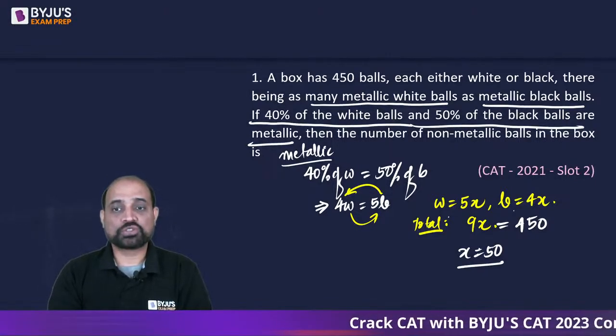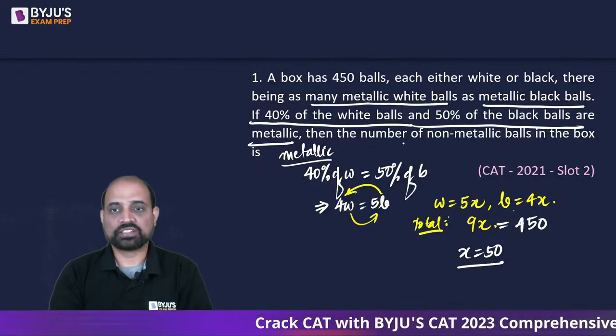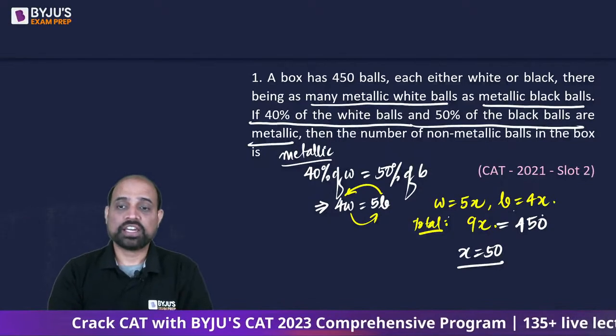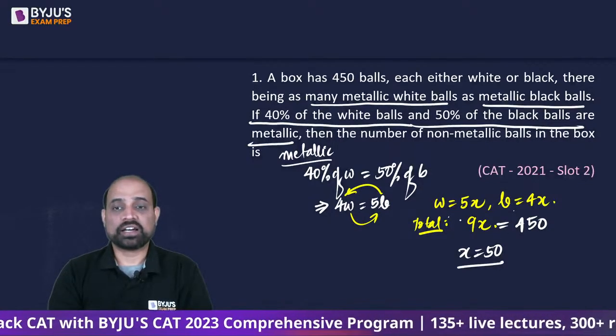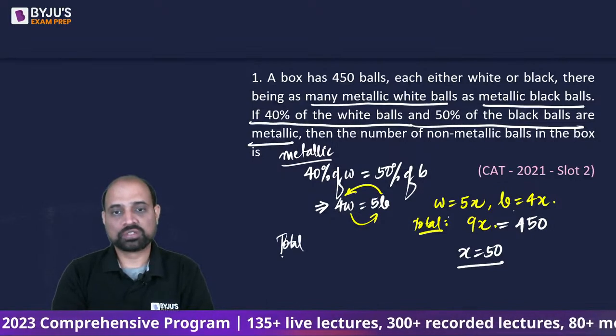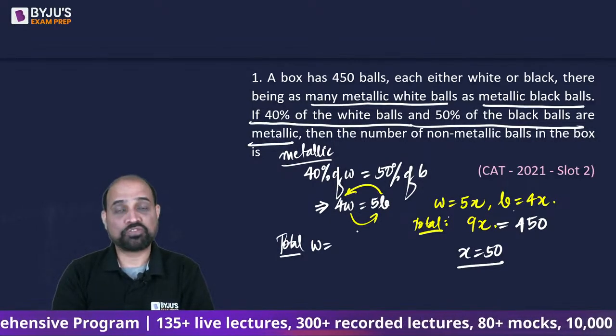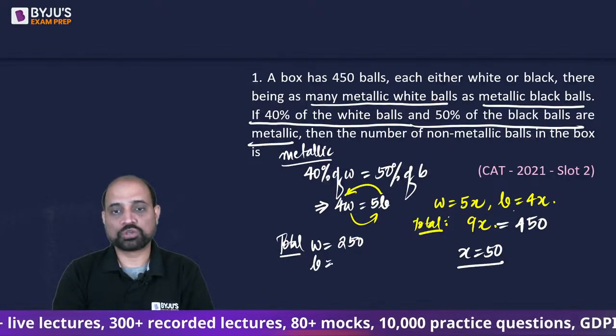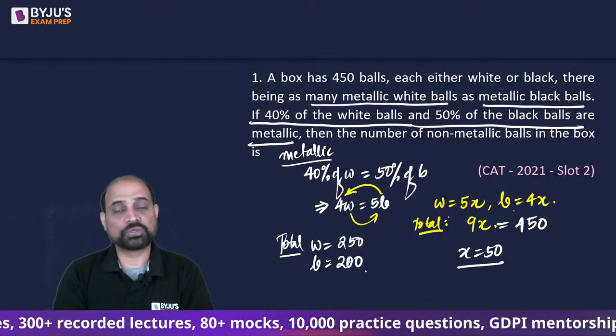If x is 50, then the number of non-metallic balls is something that we need to find out. If x is equal to 50, the total number of white balls is going to be 5 into 50, which is 250. The total number of black balls is going to be 4 into 50, which is 200.